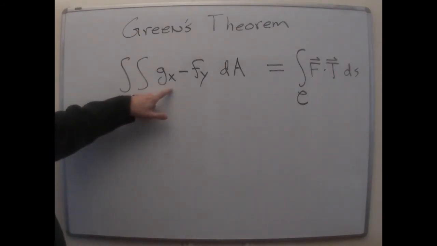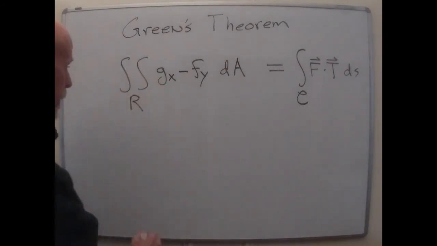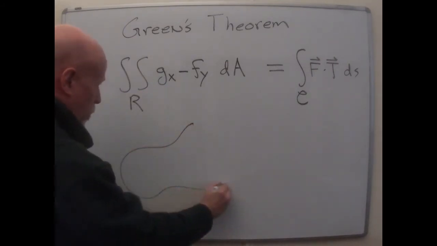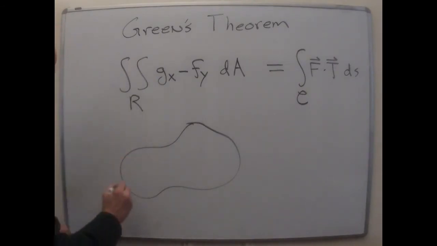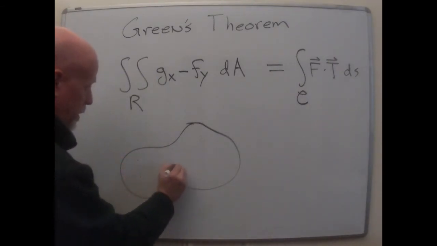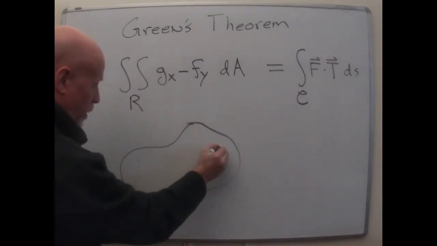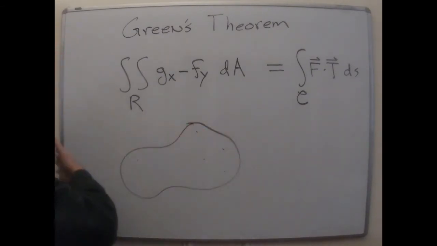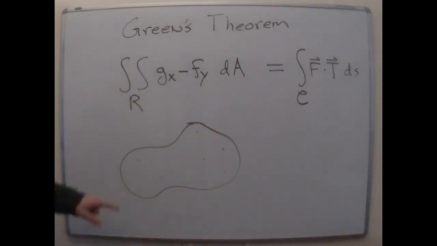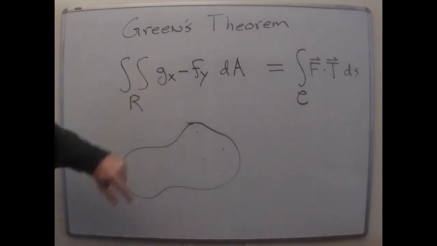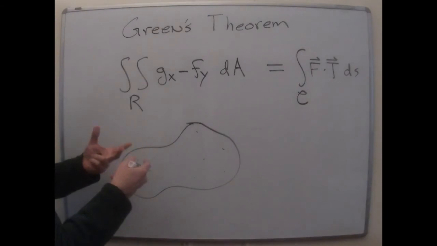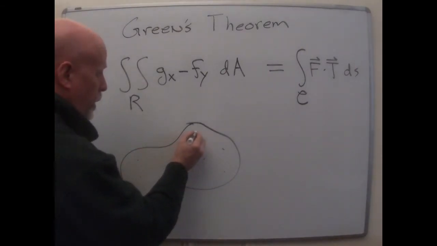This part here, g sub x minus f sub y, is something that you can imagine happening at every single point in the region. I'm just drawing a few of them, but there's a continuum of points throughout that region. At each one of them, you get a number, g sub x minus f sub y, and it tells you locally what's happening to the flow.